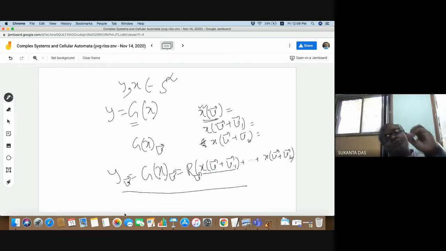Now each individual rule takes as input the states of the neighbors, and they find out their next state, right, by applying the function. So this is the function. In this way, non-uniform cellular automaton finds out the configuration.